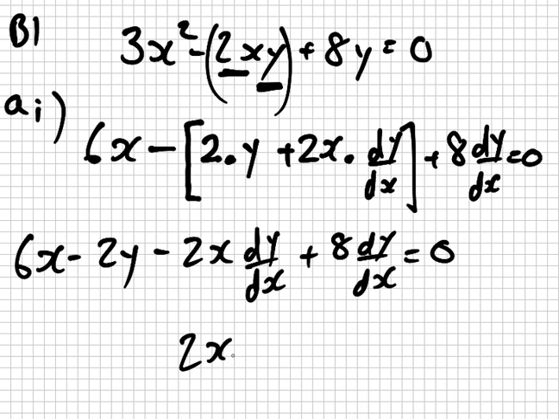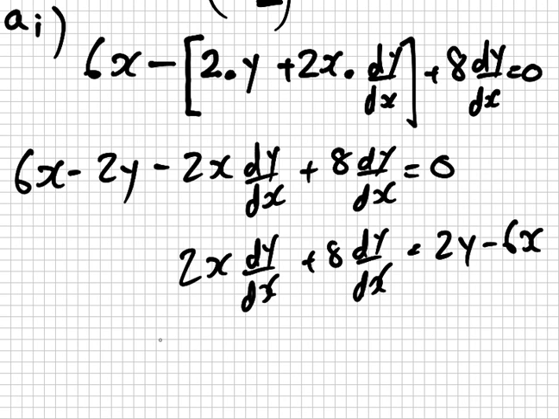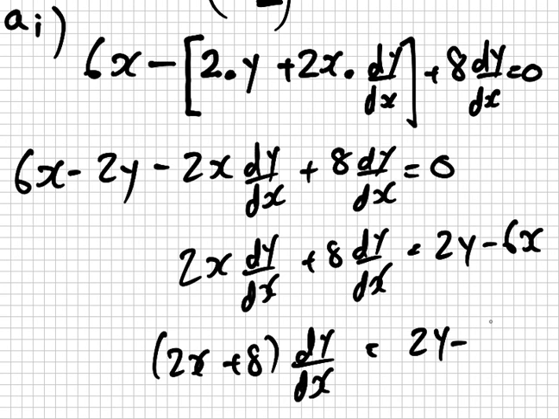So 2x dy/dx plus 8 dy/dx equals 2y minus 6x. So I have (2x plus 8) dy/dx equals 2y minus 6x.